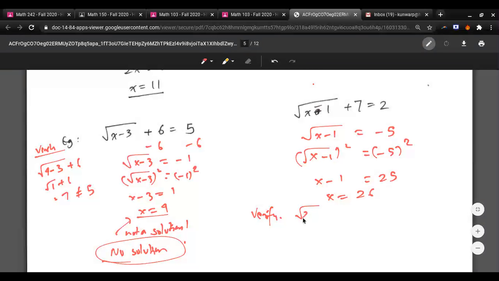Now when I verify, 26 minus 1 plus 7 is root 25 plus 7, 5 plus 7, 12, which is not equal to 2. So there is again no solution. The reason this is happening is because when we square this negative 5, we're losing some information and it becomes positive. Right? So this could as well have been positive 5. In fact, if it was positive 5, it would have worked out fine.